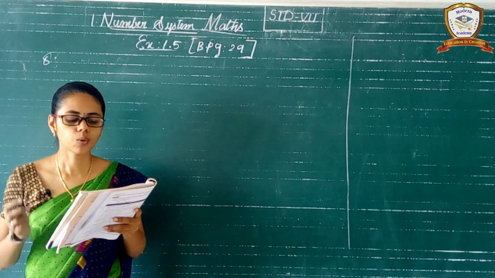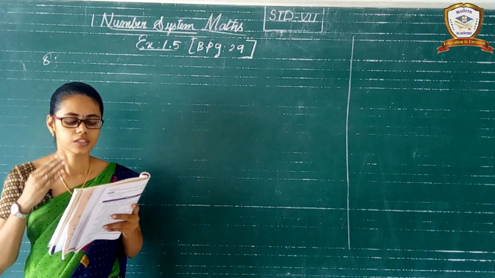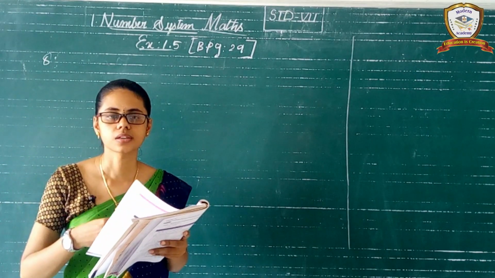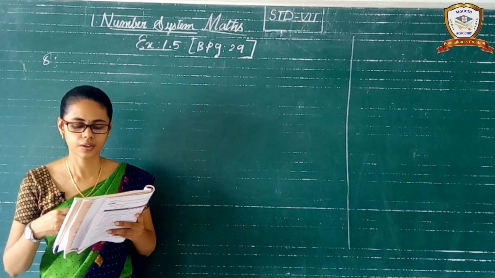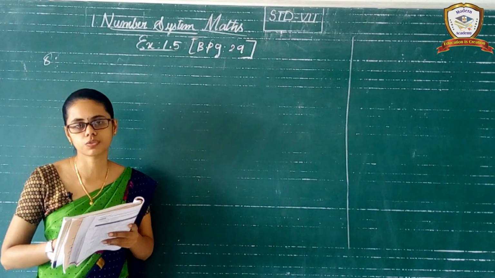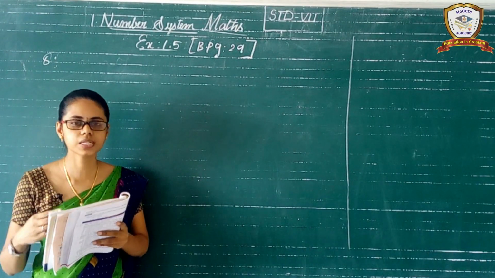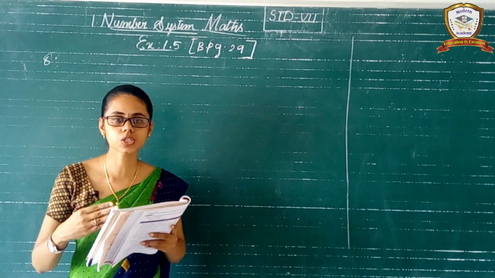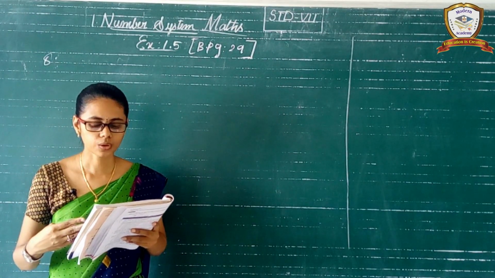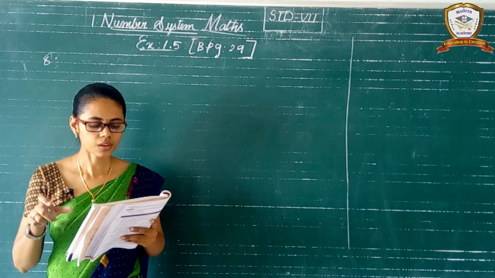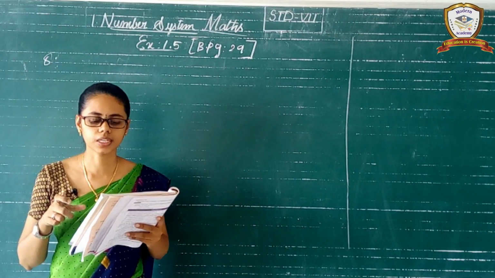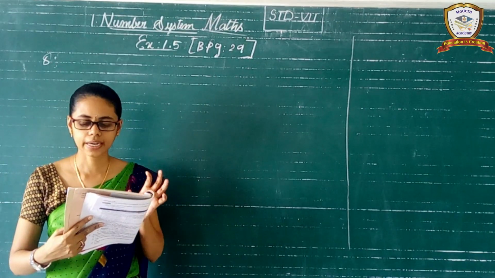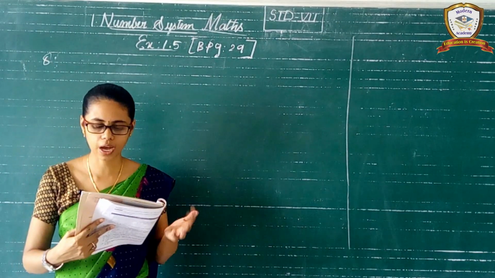The water level fell 3 inches per week for 6 consecutive weeks, which means continuously. At the end of this period, that is, at the end of 6 weeks, we have to find the change.